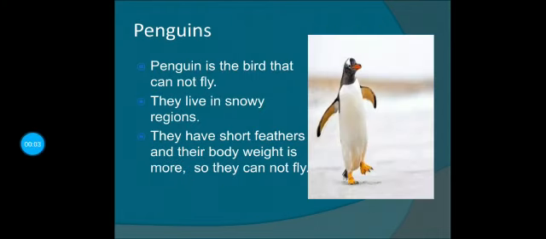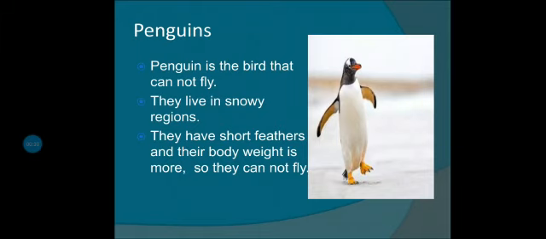Do you know, children? There is a bird which is a bird, but it cannot fly. Can you guess? Correct. It's a penguin. Penguin is the bird that cannot fly, and they live in snowy regions. They have short feathers and their body weight is more.